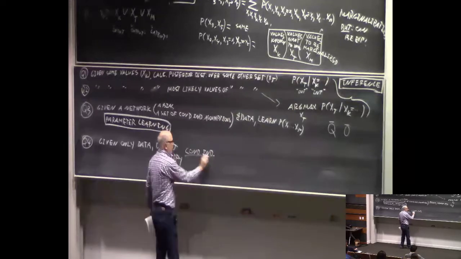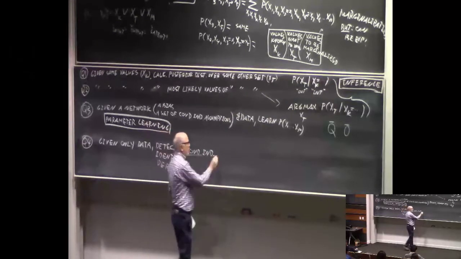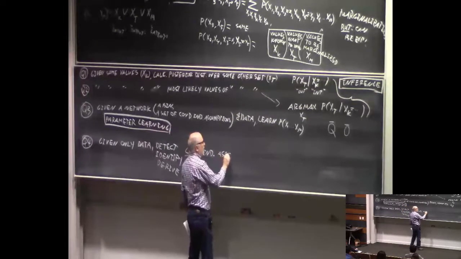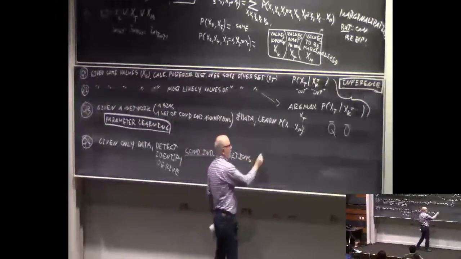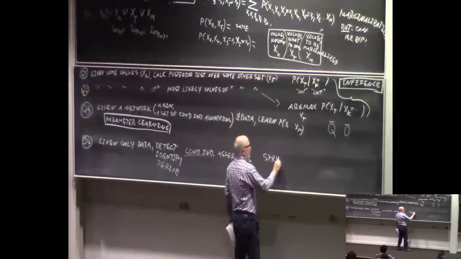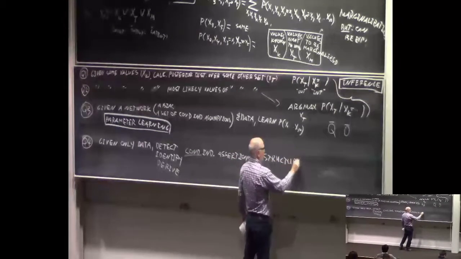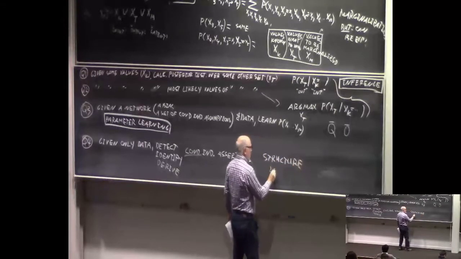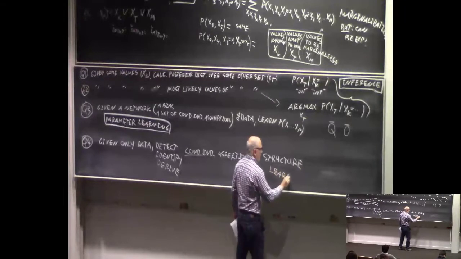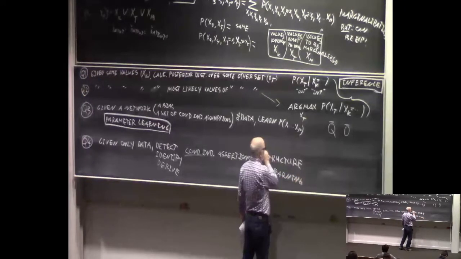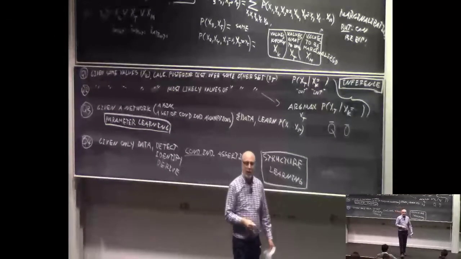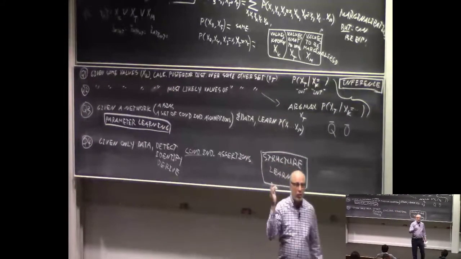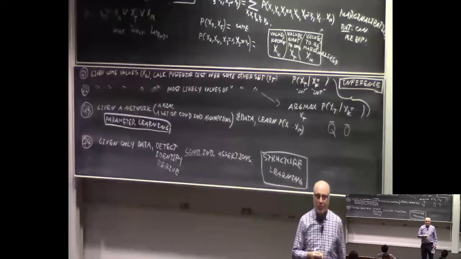Not assumptions anymore. Derive conditional independence assertions. This is called structure learning. Structure learning is basically learning the structure of the Bayes net.